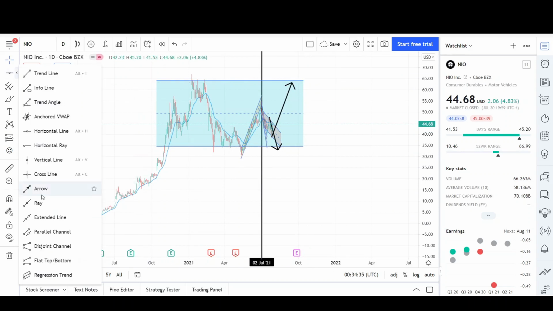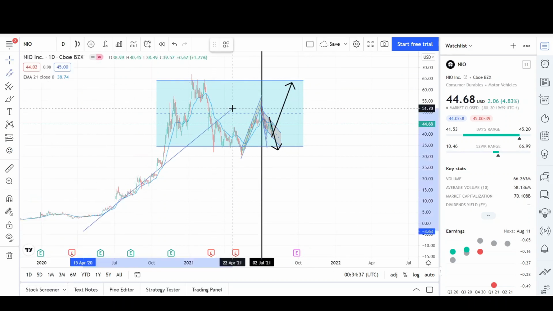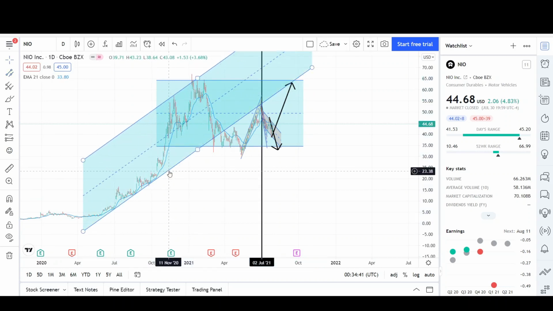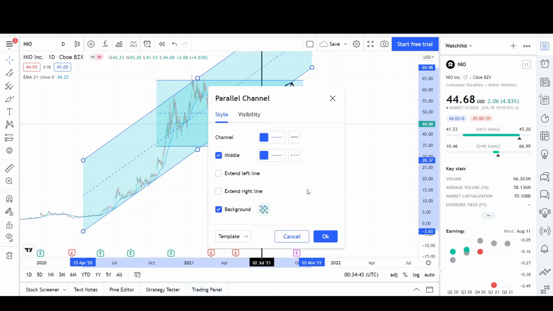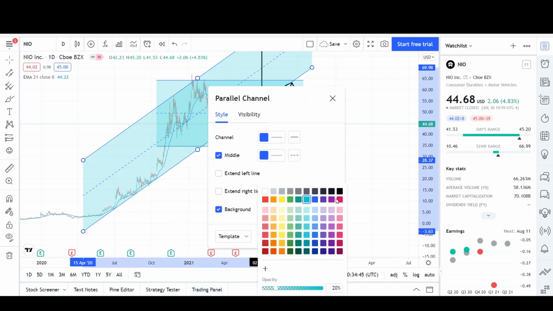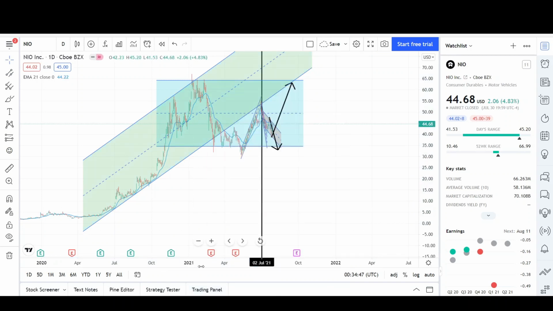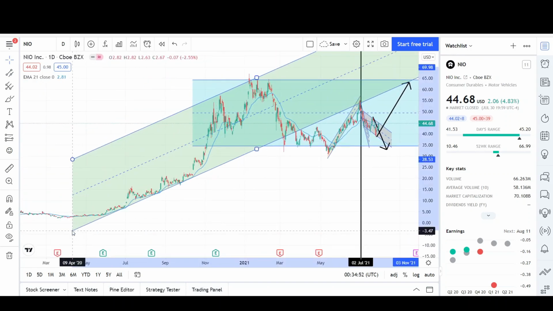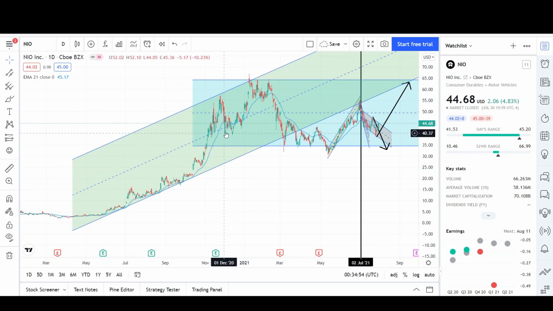As you can see here, price was inside of this channel. I'm going to change the color. Let's make it green. This green channel fits pretty nicely. We get a lot of touches on the lower side, and then the midline is acting as support and resistance.